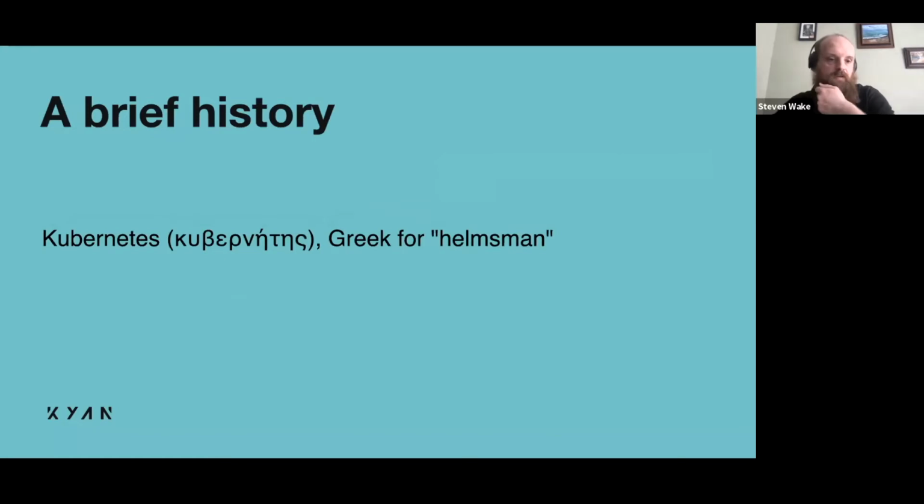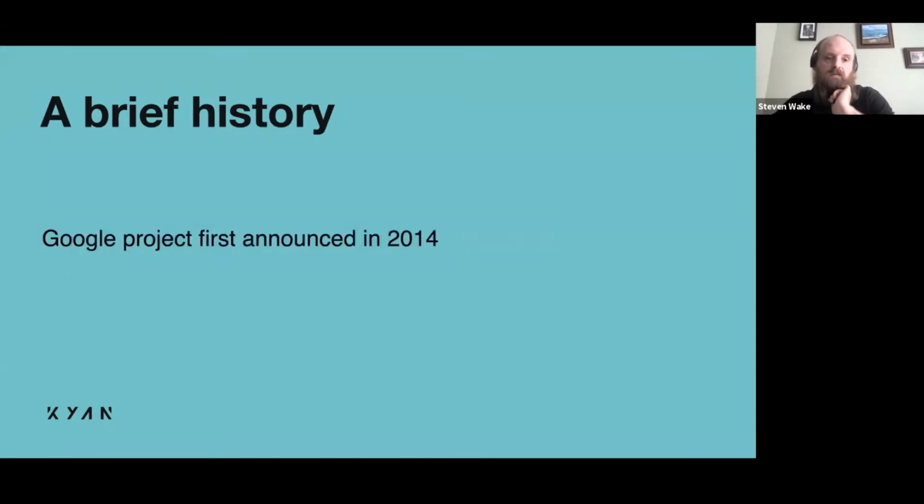So the word Kubernetes is Greek for helmsman. Apparently it's got lots of other meanings as well, but that's the meaning for why Kubernetes named itself, because it navigates containers for you. It's a project started by Google in 2014.